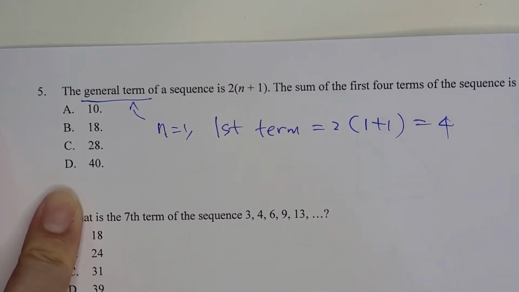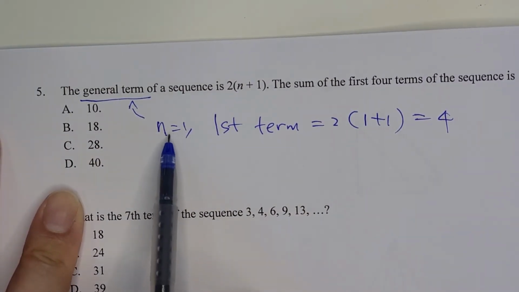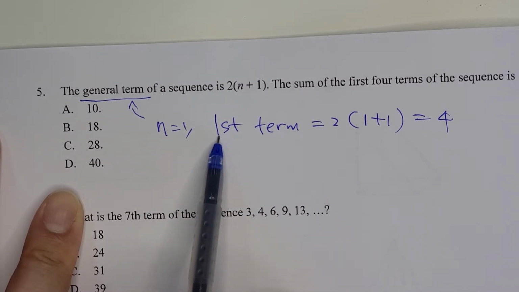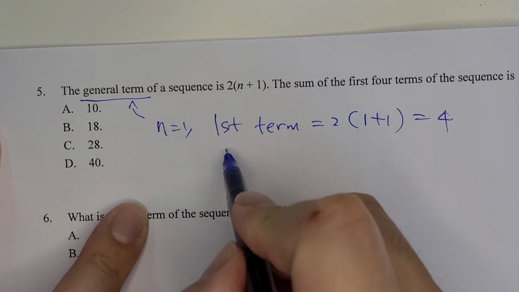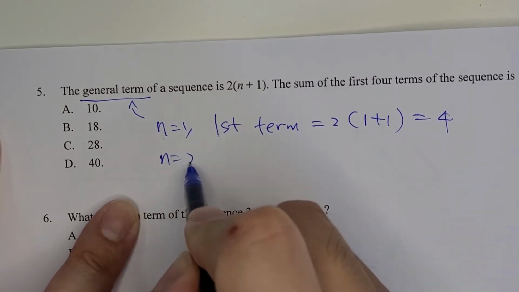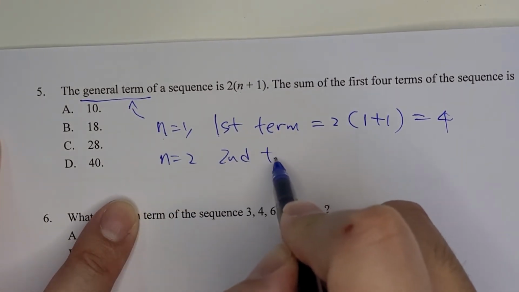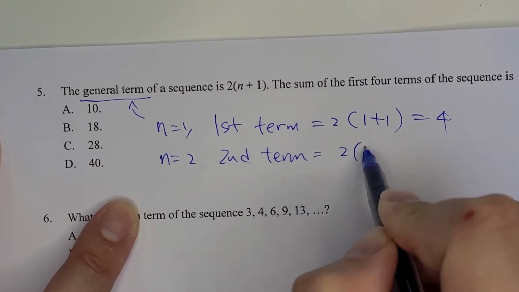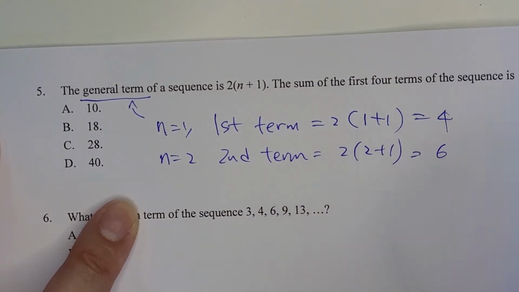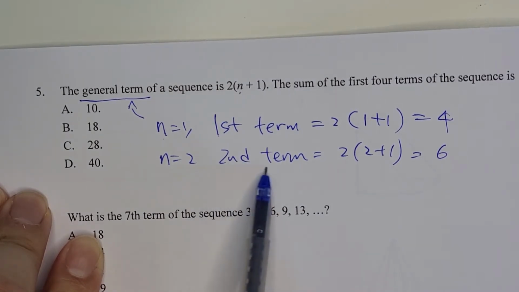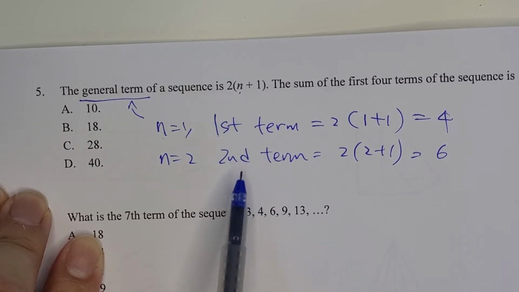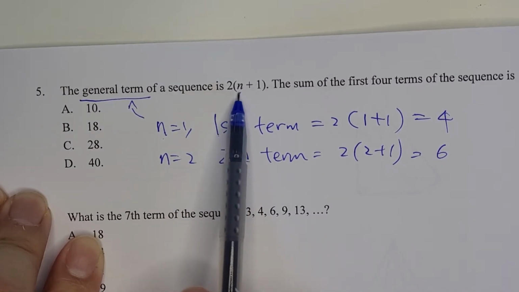Okay. That means the first term means n becomes 1. How about the second term? That means when n equals 2, then I can find the second term. That's 6. You can see that it's changed this one. Okay, the value of the terms just depends on this n.